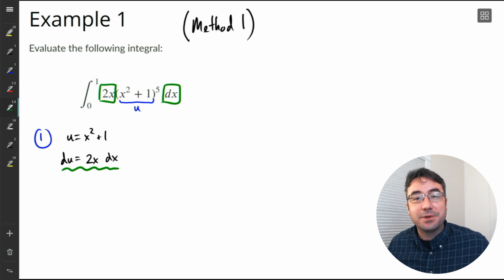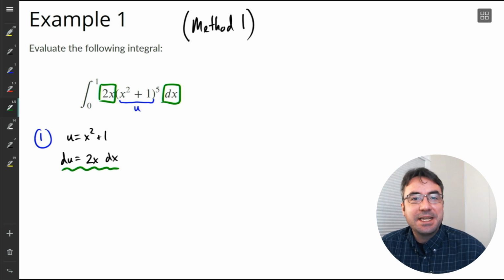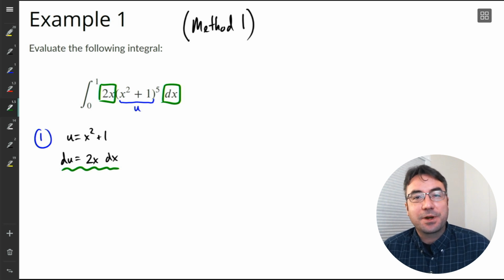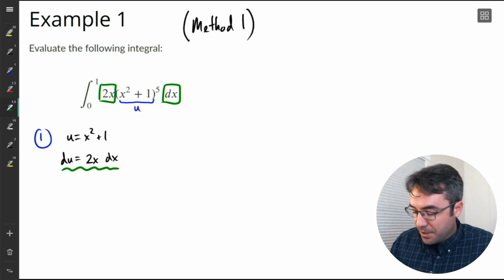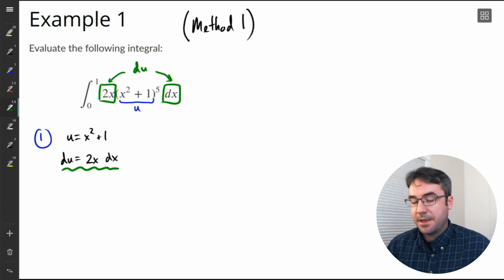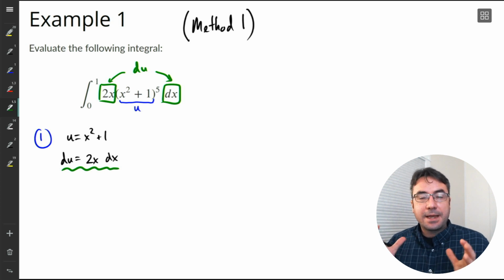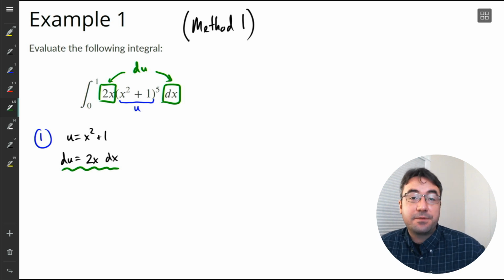As we've seen, that doesn't always happen, but this is example 1, and everything's working out very nicely. So those together are going to give us our du at the end. All right, so we see how the pieces of our function are going to fit together.